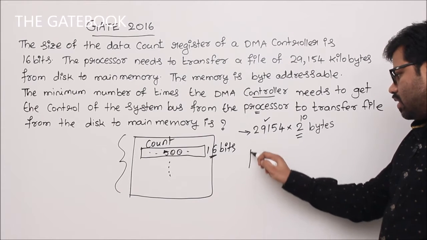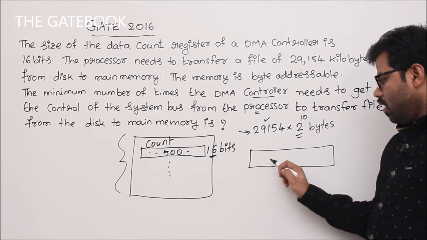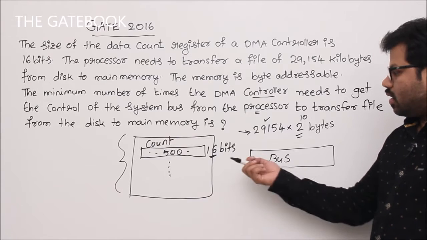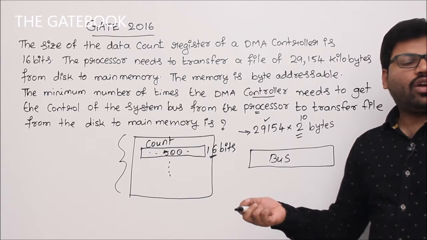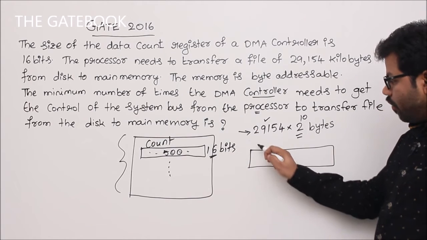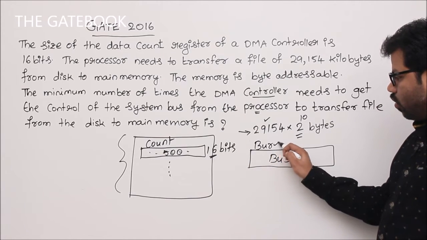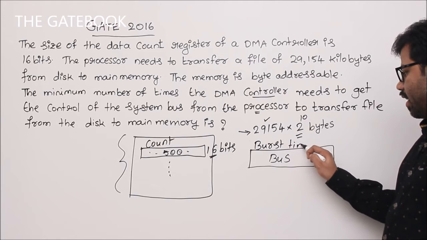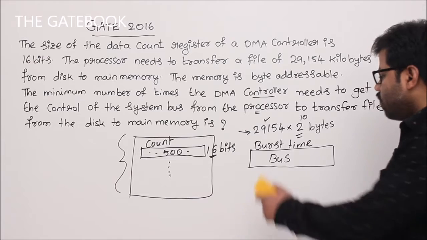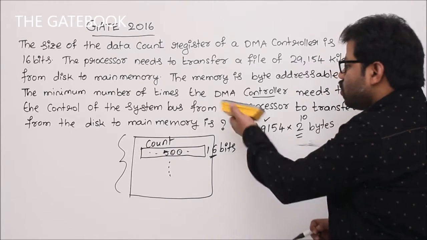You will ask for the system bus and take control over this bus, right? So one time is enough. Sir, why one time? Why not 2 times, 3 times? See, the question is about the minimum number of times. If I use burst mode, at a time I can transfer the entire data, whatever data I have. Sir, if that is the question, then for this also the answer should be 1.